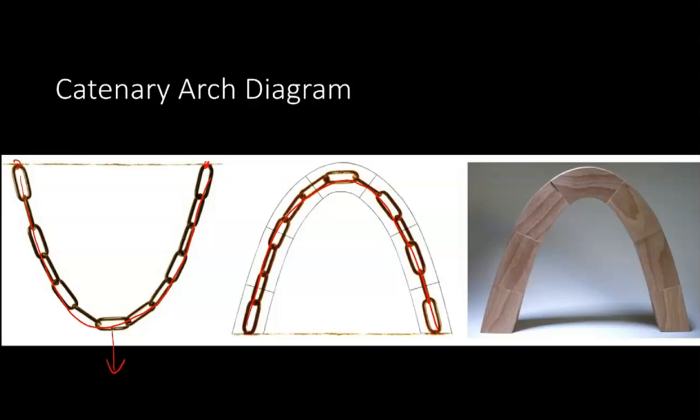So if we want to get the strongest shape we can, if we want to support something, we use this catenary shape, which turns out to be exactly the same shape as a chain would make when it's being suspended upside down. And this makes this shape of arch exceptionally good for things like bridges. Now, most of them are not this high.